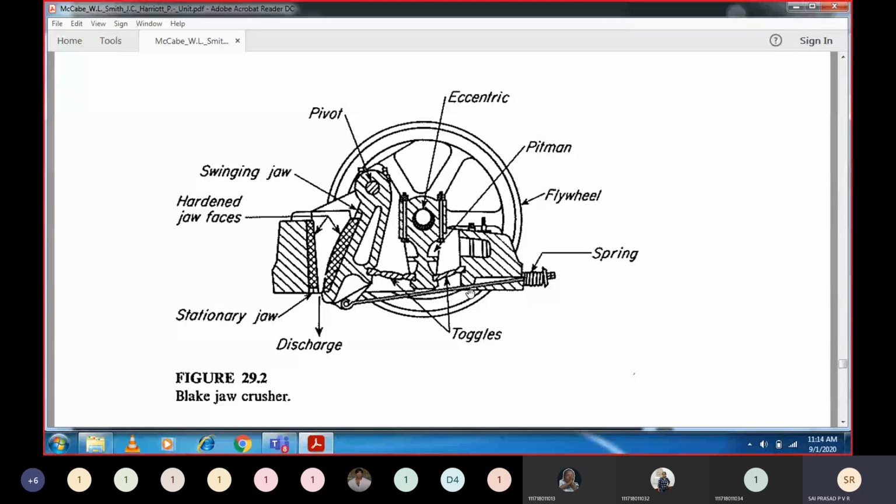I am not able to use it, but still I am using my own application for this. I will be sharing what an eccentric mechanism means, and how the circular forces are converted to these kinds of variations per minute. I will try to share it. If not, we can see it in our laboratory when you come back. Physically also you can see how the forces are converted. Don't worry about that.